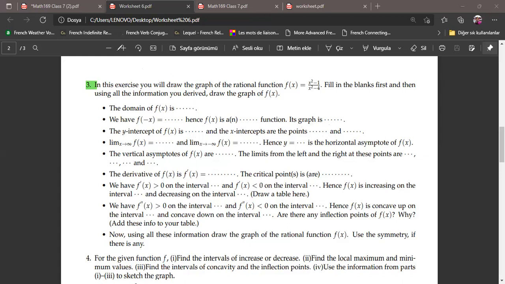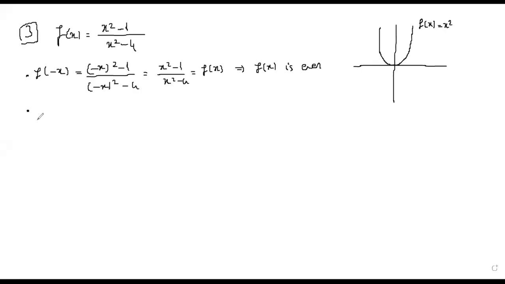So let's compute here together on the whiteboard again. The limit of f of x when x is approaching infinity. What do we have here?